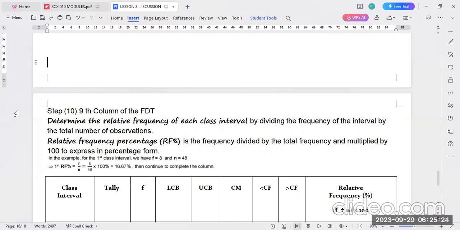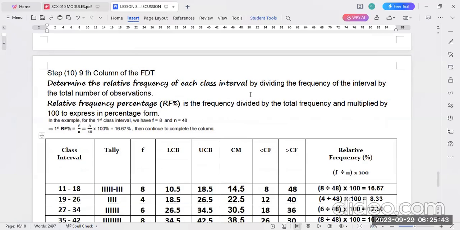So every frequency will be divided by N, or the sample size, or the total number of data, times 100. Since ang relative frequency po is about the percentage, and remember, the highest percentage is always 100%. Okay, so determine the relative frequency of each class interval.